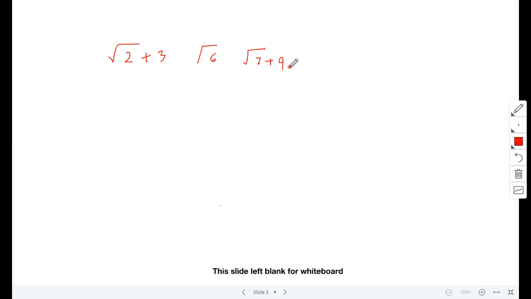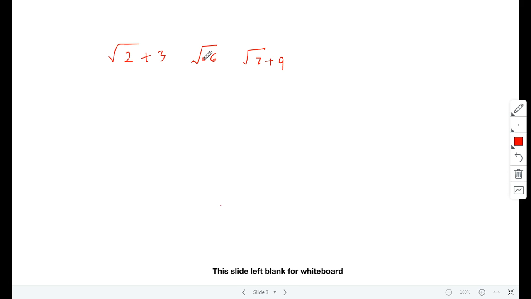So this kind of expression, if you see this root form, is basically a surd. Now there are different operations to solve a surd, like how to add a surd, how to subtract a surd, and we'll study that in this chapter. So I'm starting with a very simple one.